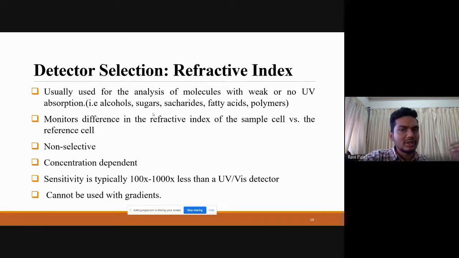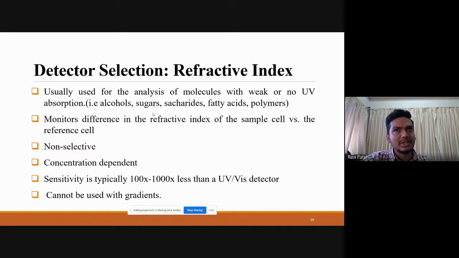So based on the refractive index, we get a response and separate our sugar compounds using this refractive index detector. It monitors the difference in the refractive index of the sample cell versus the reference cell.